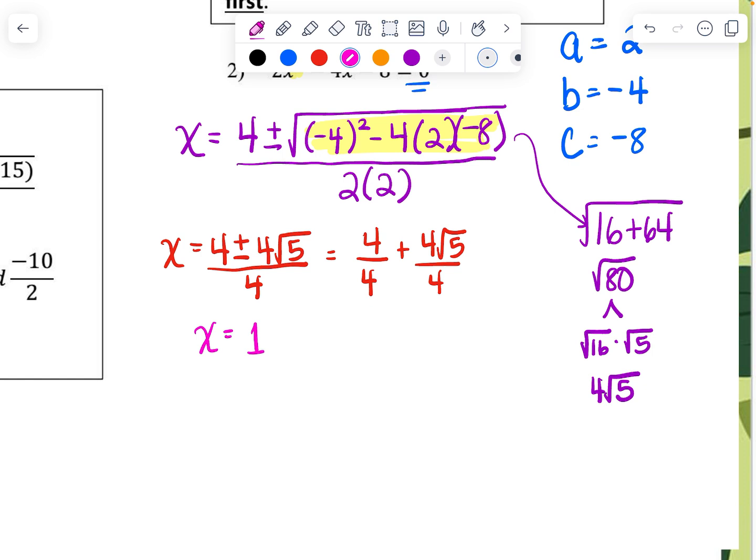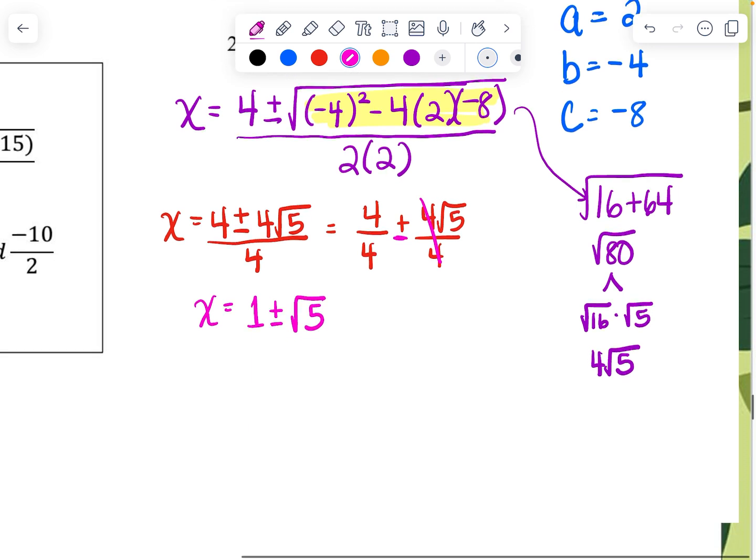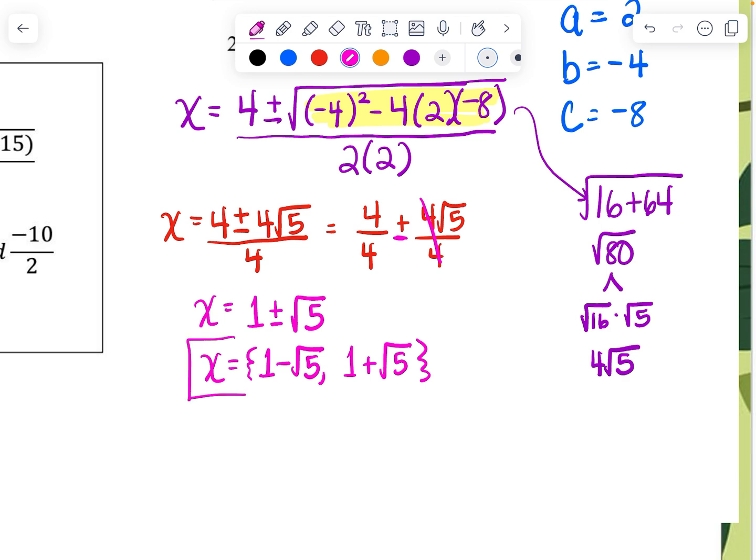X is equal to 1, because 4 divided by 4 is 1, plus or minus the square root of 5. So I do have two solutions there. If I'm writing it out as a solution set, I'm going to say 1 minus the square root of 5, that would be the smaller of the two solutions, and then 1 plus the square root of 5. And that's my final answer.